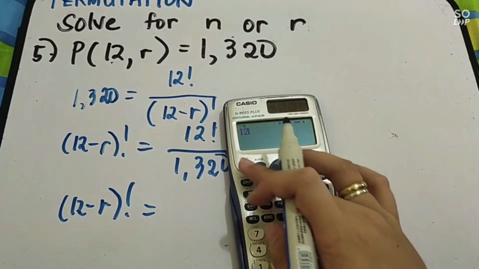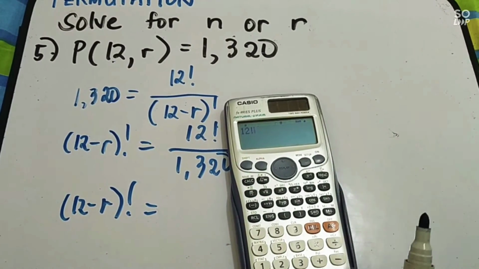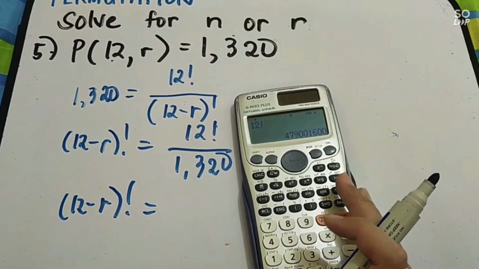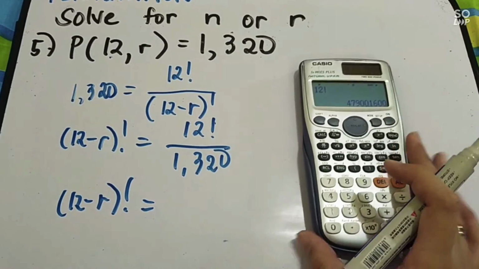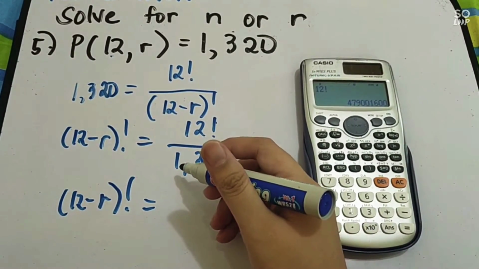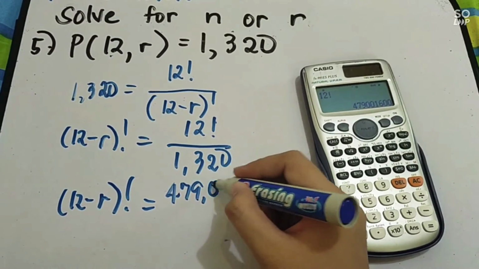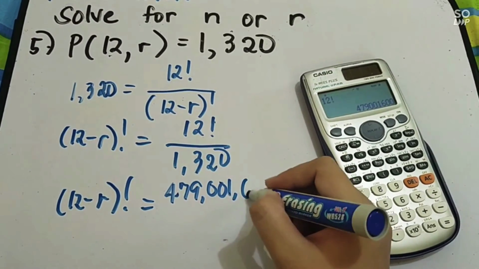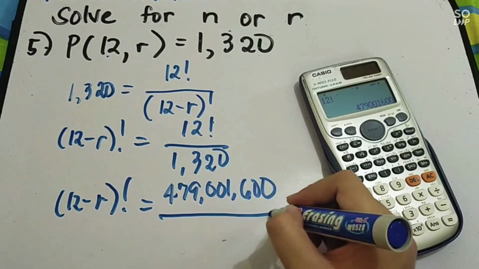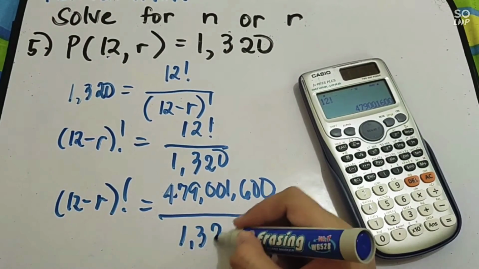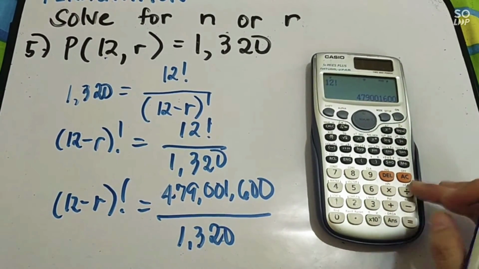So, we have 12 factorial. The answer is, we have 479 million 1,600 divided by 1,320. Let us divide.